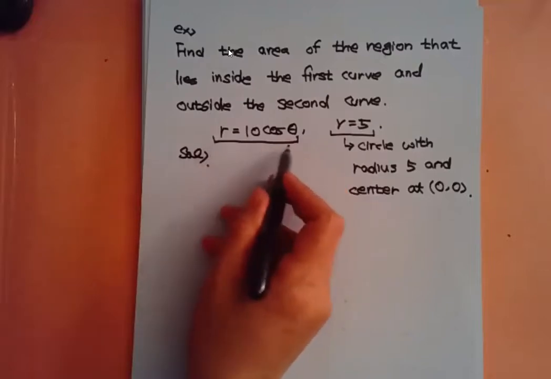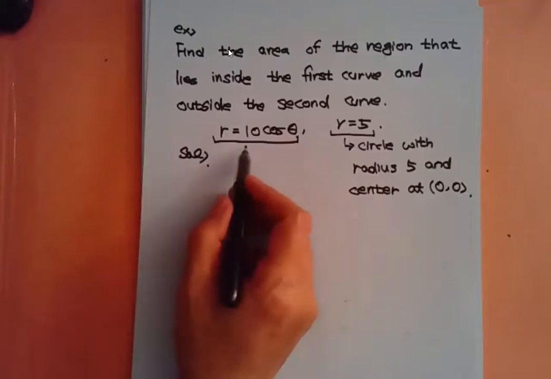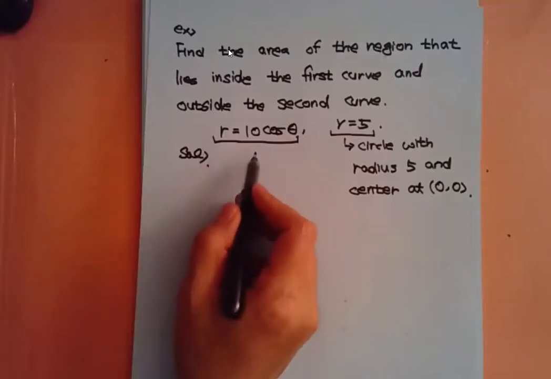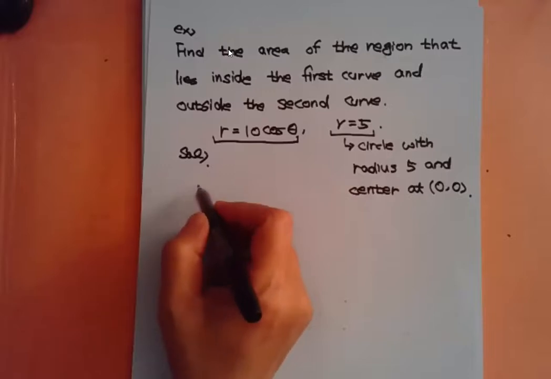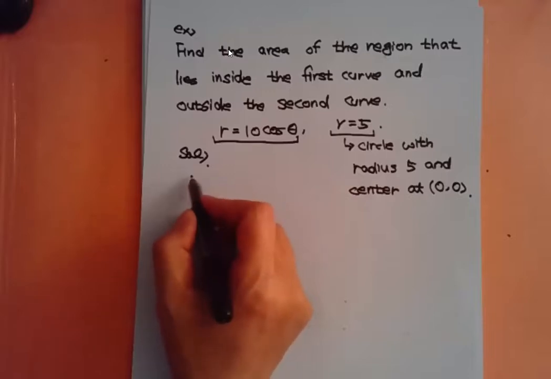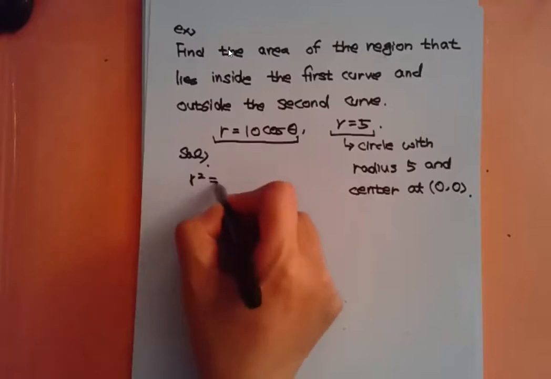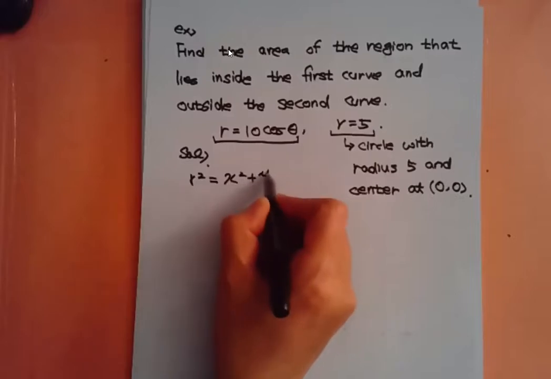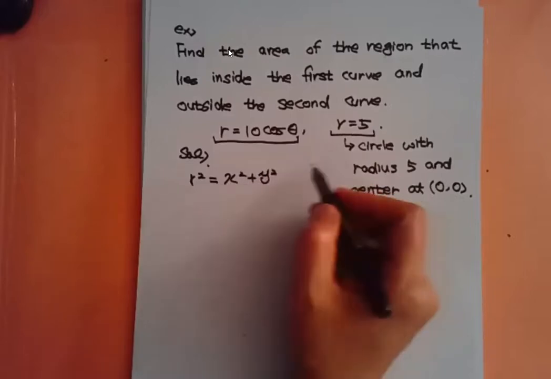Let's work on this one. We want to convert this one into the regular rectangular equation. To do that, what I will use will be r squared equals x squared plus y squared. This is a Pythagorean formula.